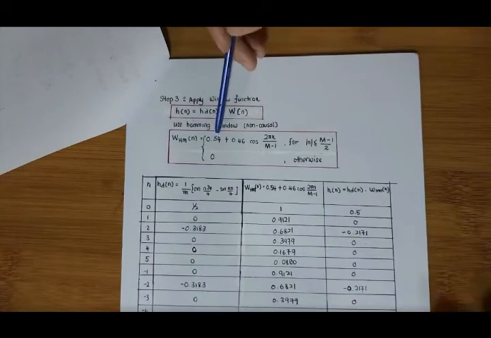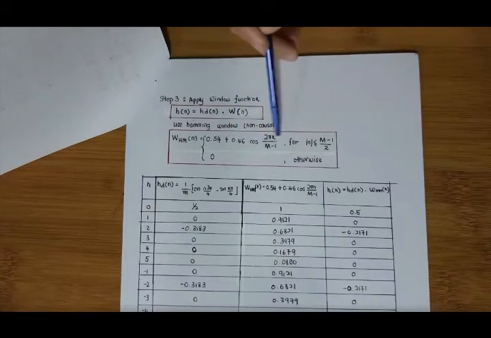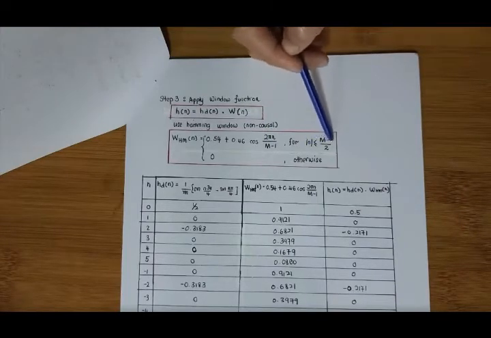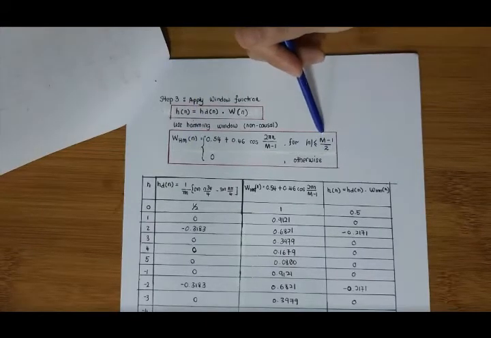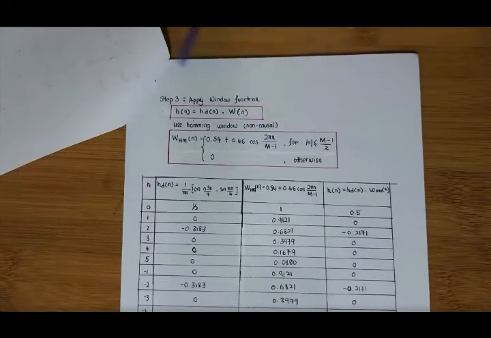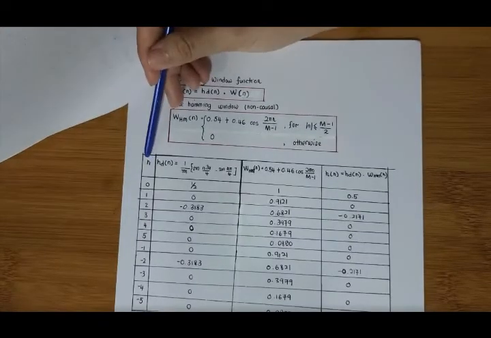It's 0.54 plus 0.46 cos 2 pi n divided by M minus 1. Here n goes to M minus 1 divided by 2, and our M is 11, so here we will get 5. Here we will get 10, because M is 11 minus 1, we get 10. So we will put our n value here.